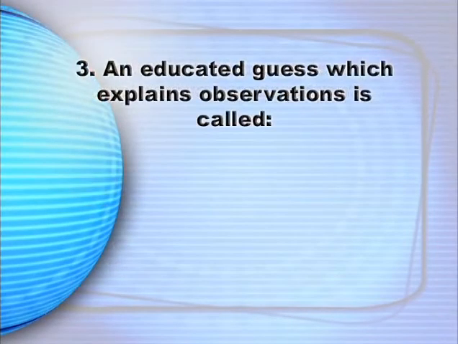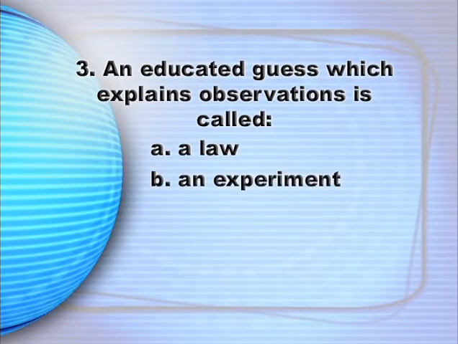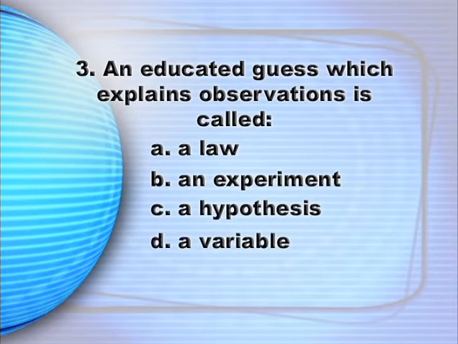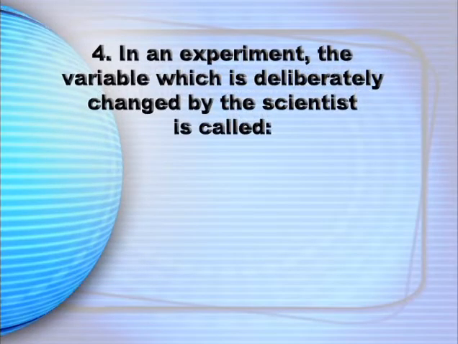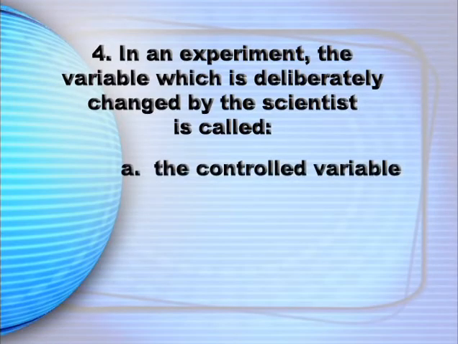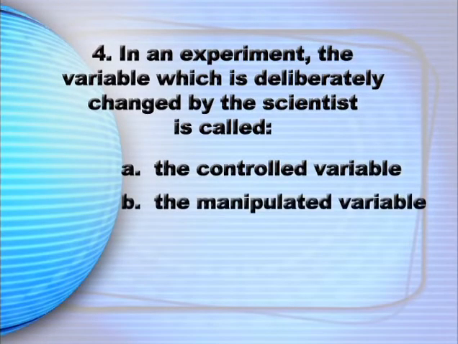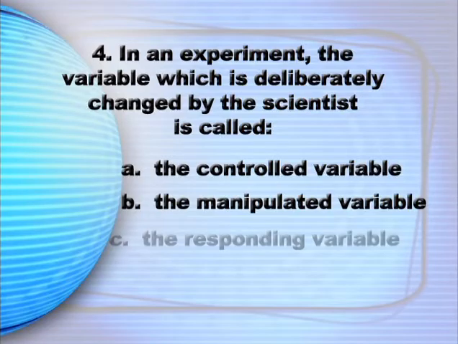Number 3. An educated guess which explains observations is called A. A law, B. An experiment, C. A hypothesis, D. A variable. Number 4. In an experiment, the variable which is deliberately changed by the scientist is called A. The controlled variable, B. The manipulated variable, C. The responding variable.